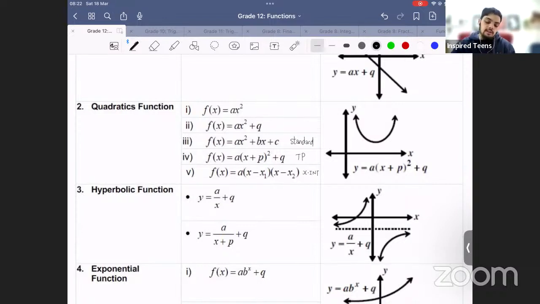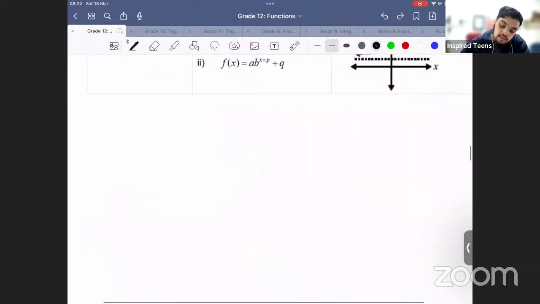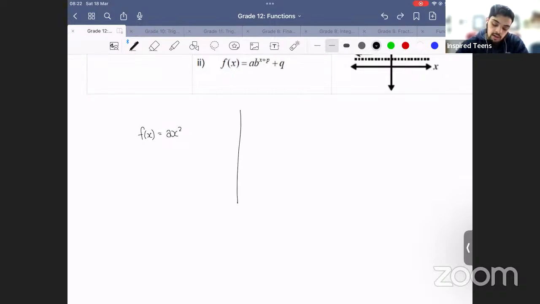For example, if you consider f of x is equal to ax squared, as long as it's a square, we know it's a parabola. This graph looks like this. It has its turning point at the origin, and it does that.